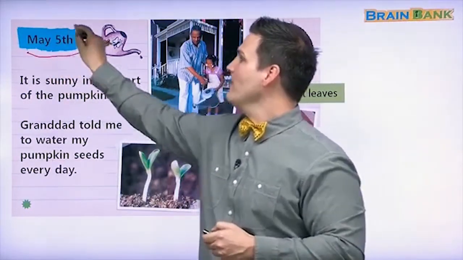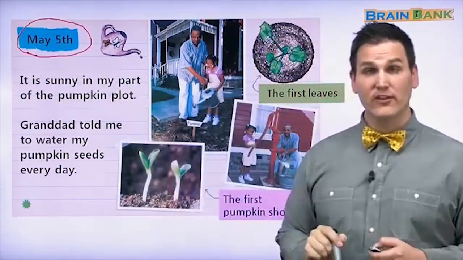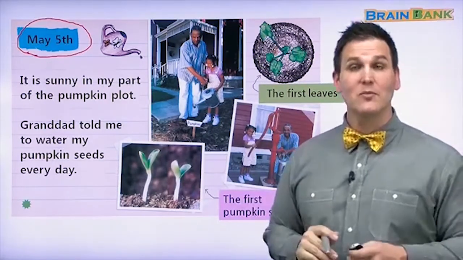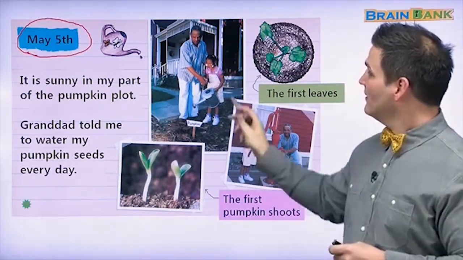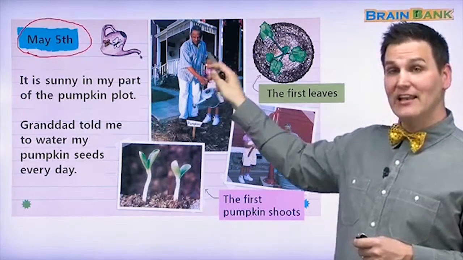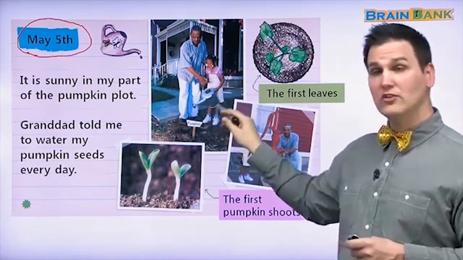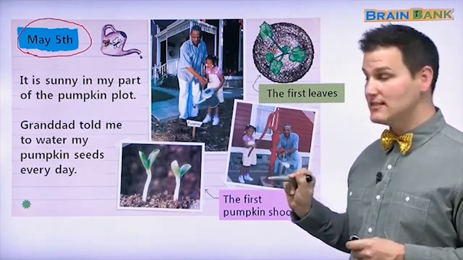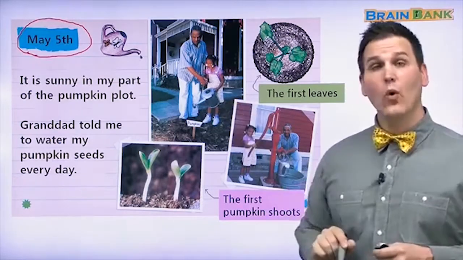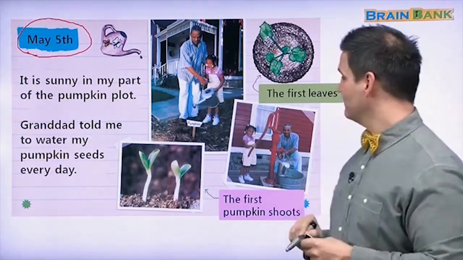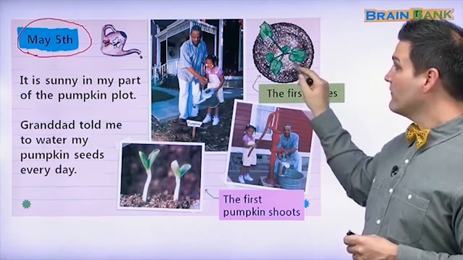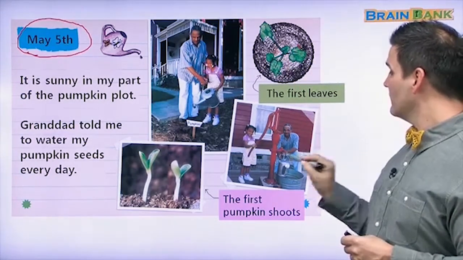Now, May 5th. Some more days later. We have Granddad and the little girl watering the pumpkin seeds. This is called a watering can. We have the first leaves here.